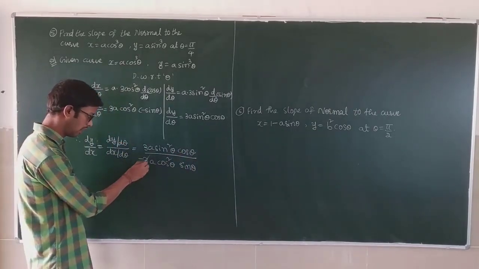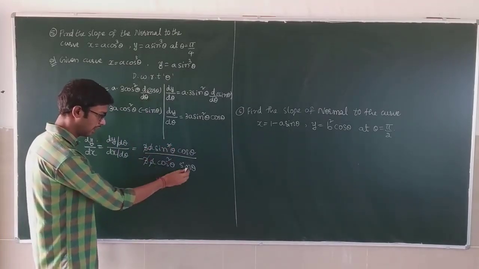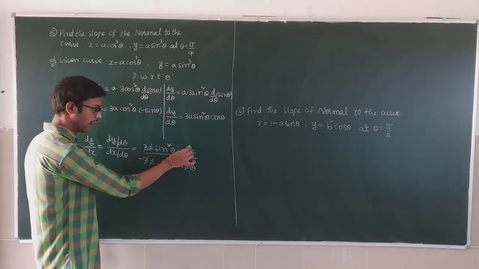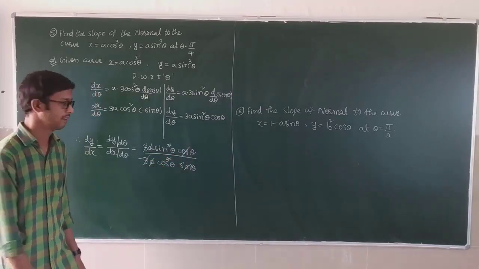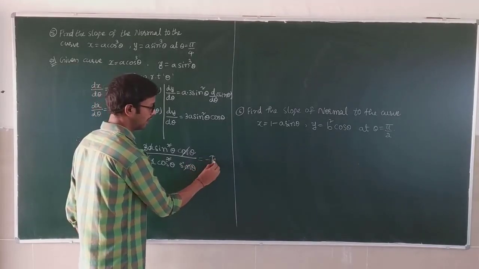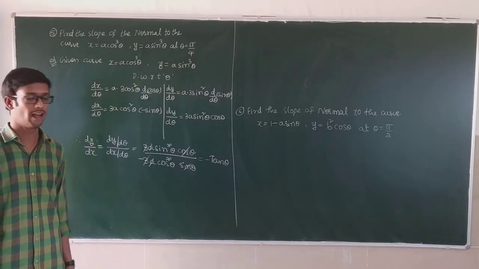Now 3 gets cancelled, a gets cancelled, one sin theta and one cos theta get cancelled. We get sin theta by minus cos theta, which is minus tan theta.